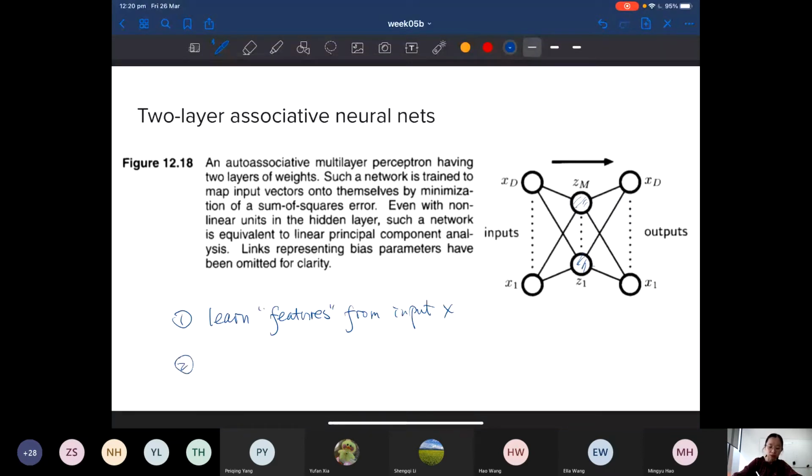The second one is that the feature Z here is basically what we call a reduction in information from X. Graphically, we're going to talk about this again, so don't worry if it doesn't make sense just yet. Graphically, we have fewer z's than the dimensionality of the input.